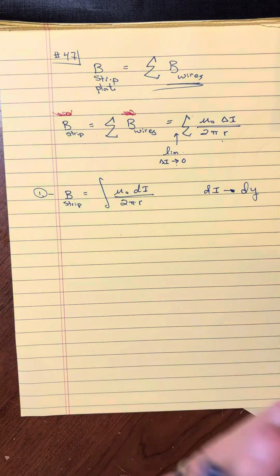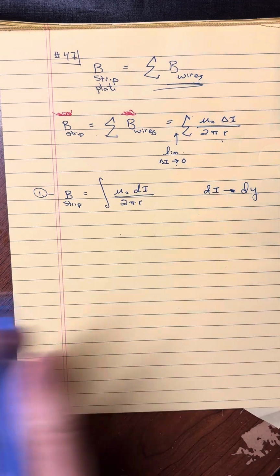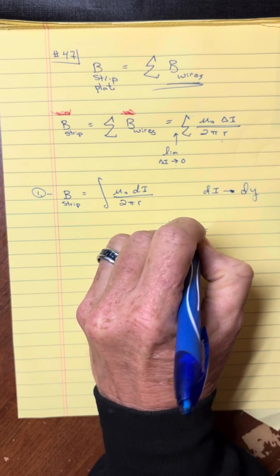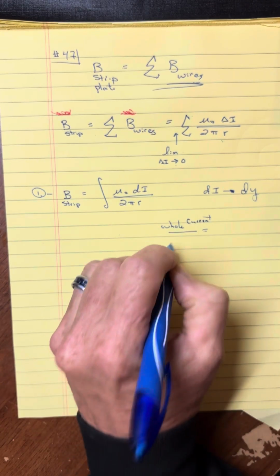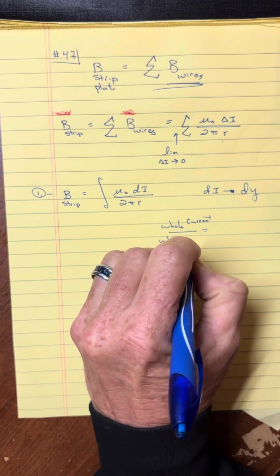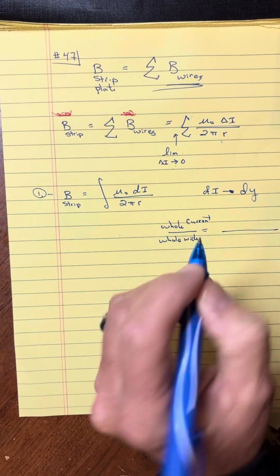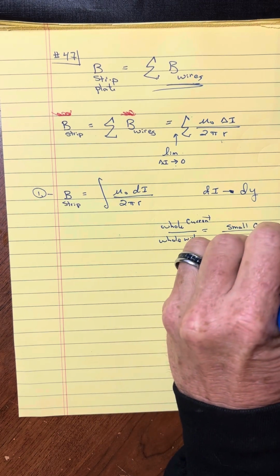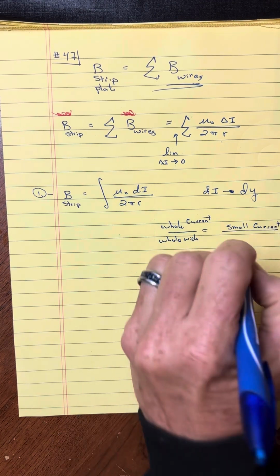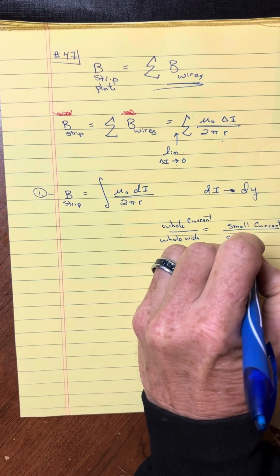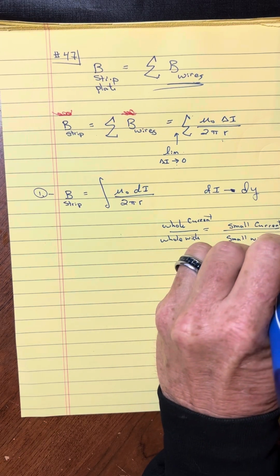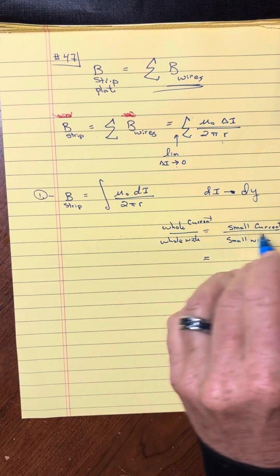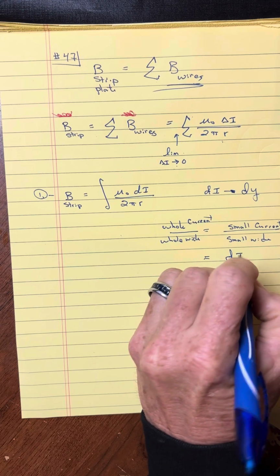Because when something is uniformly spread out, you could take the whole current and divide it by the whole width of the strip. That's the same as a microscopic small piece of current over the width of that small little piece, okay? And so in my case, the small amount of current, I will say, is di.